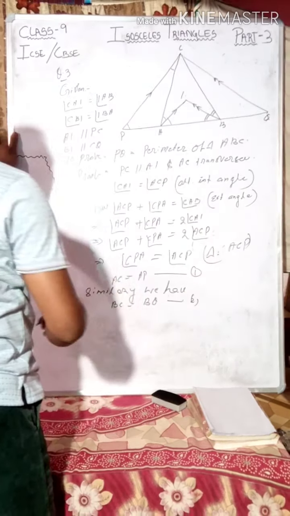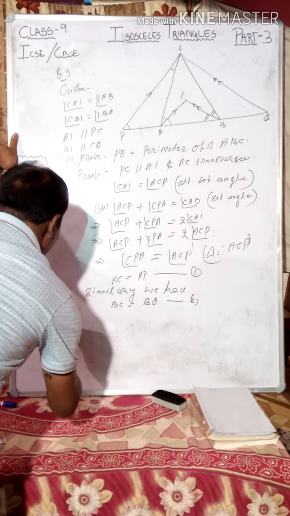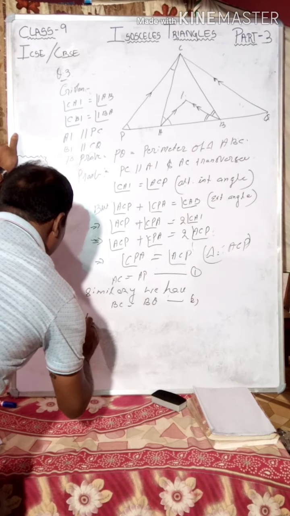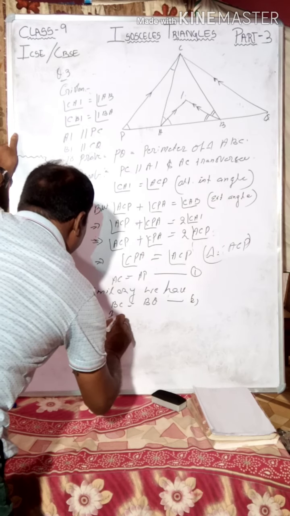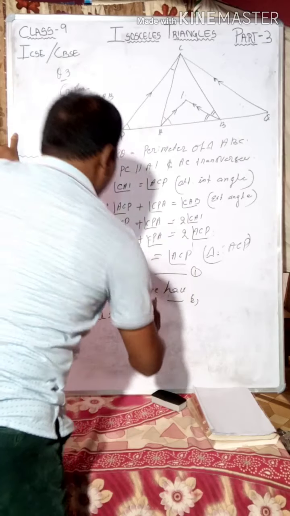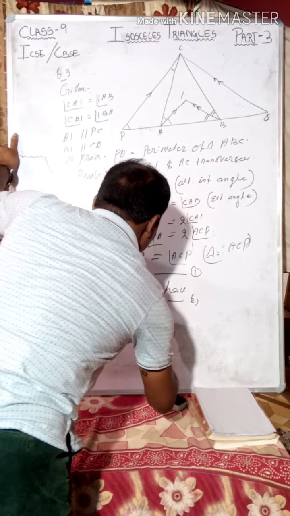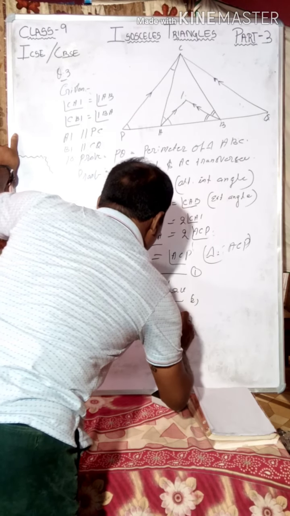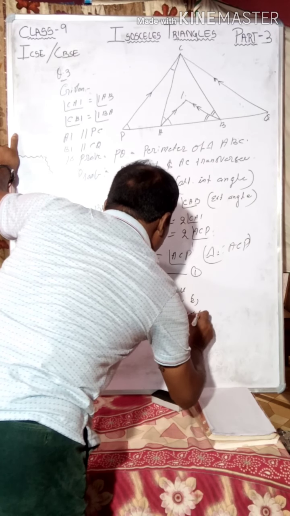So now the perimeter of triangle ABC is equal to AB plus BC plus AC.